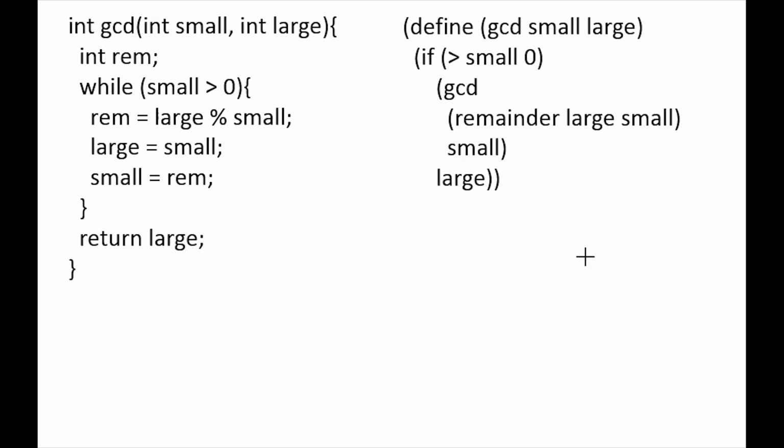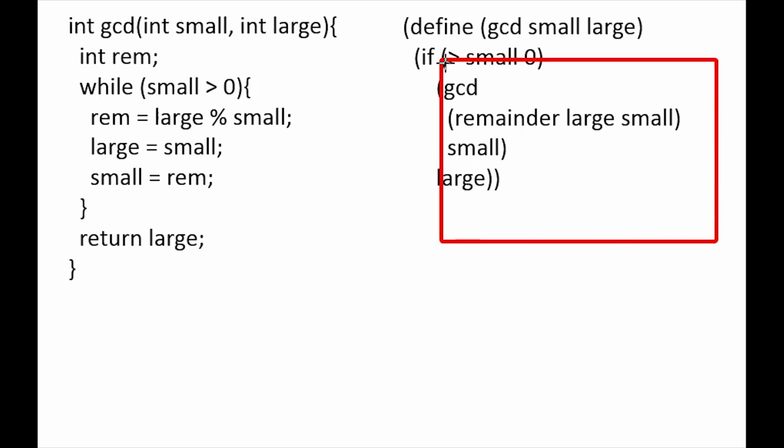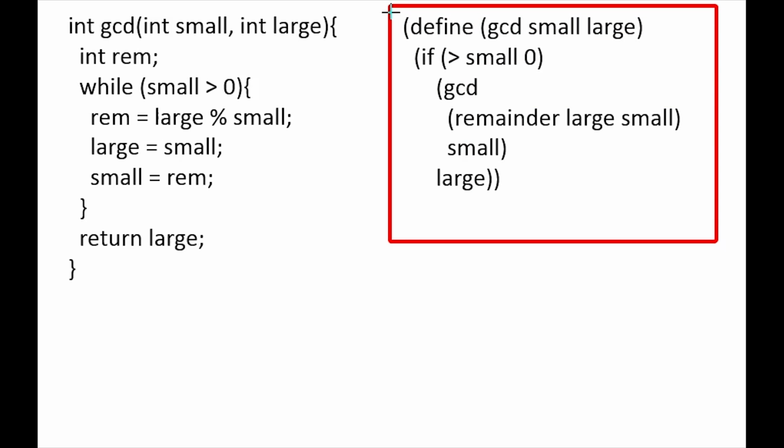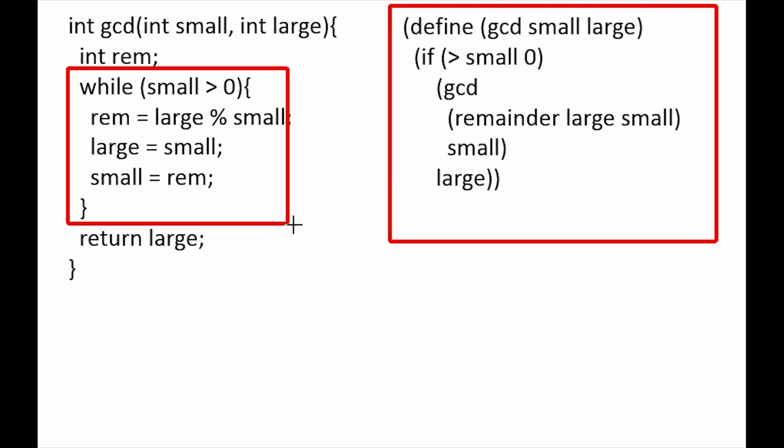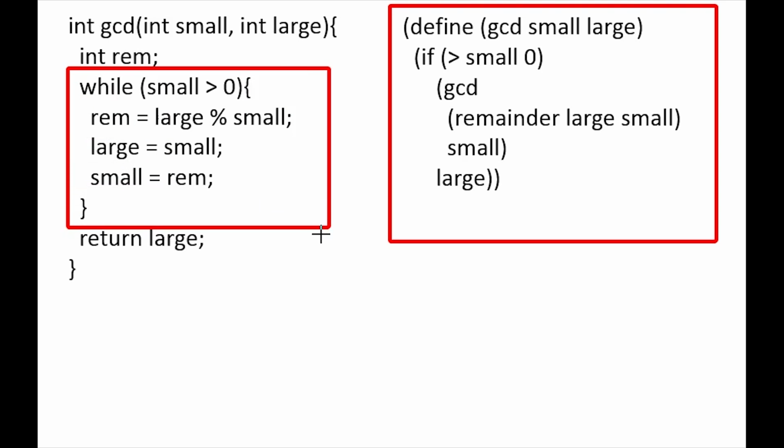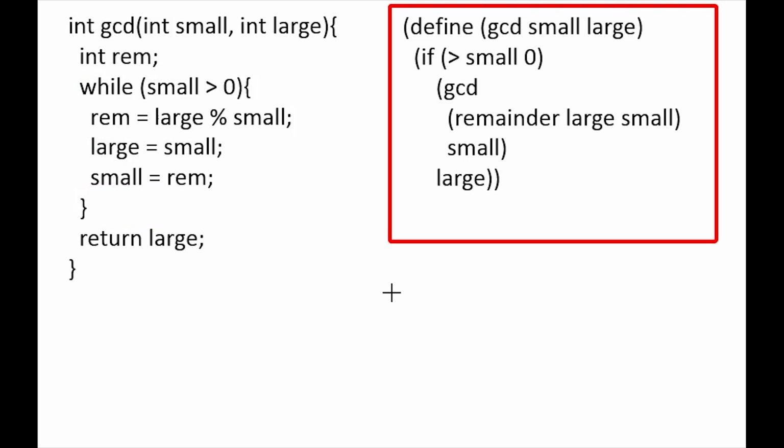Let us see the counterpart to this in Scheme, and the stand-in for iteration, as of this while loop, is of course recursion. So recursion is more than powerful enough to deal with all cases where we need iteration.